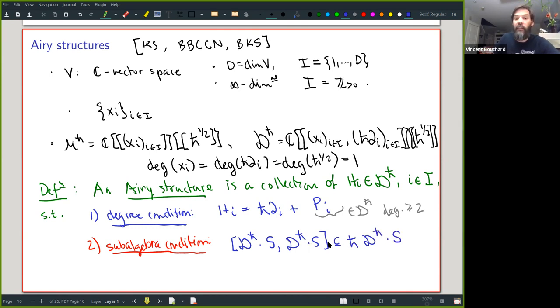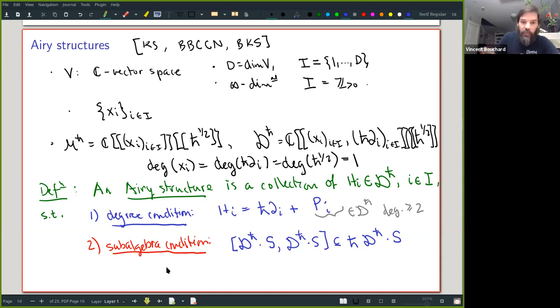So what that means is that the degree decreases by 2. You take something in the left ideal, you commute with something in the left ideal, you get something in the left ideal again, but with degree 2 less than the sum of the degrees, or rather, there's an h bar that comes out. This is a graded algebra, so the commutator preserves degree. That means the element of the left ideal has degree 2 less than the sum of the degrees of the elements on the left.